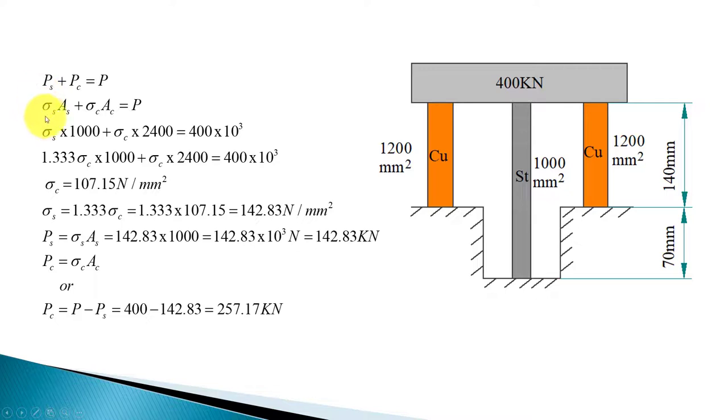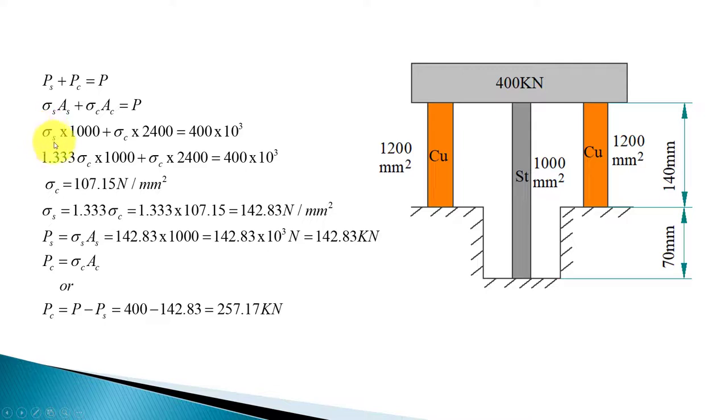PS is sigma S AS and PC is sigma C AC, equal to the total load P. AS is 1000 mm square, and AC, since both rods are taken together, is 1200 plus 1200, 2400 mm square, and that is equal to 400 kilonewton, or 400 into 10 raised to 3 Newton.